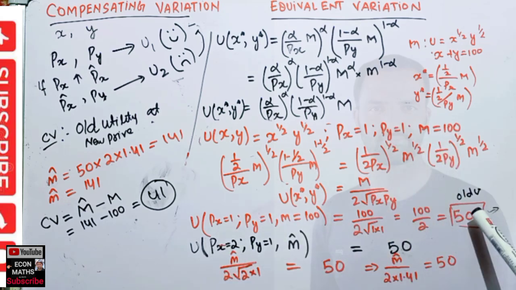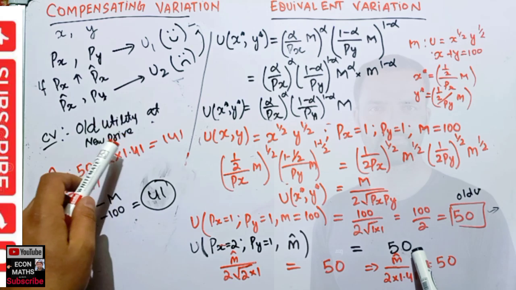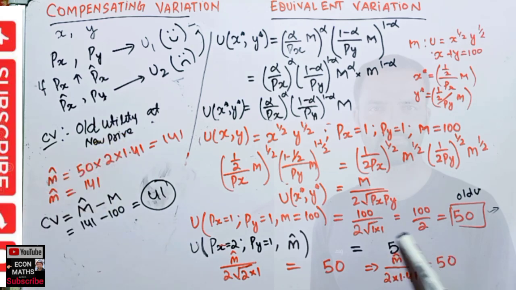So the consumer was getting 50 utils of utility. Now, to get the compensating variation, we set the old utility equal to the new price. Old utility was 50. Now what is the new price? We assume price of x increased to 2, price of y remained the same, and we need to see how much money we need to give to the consumer so that he gets 50 utilities.